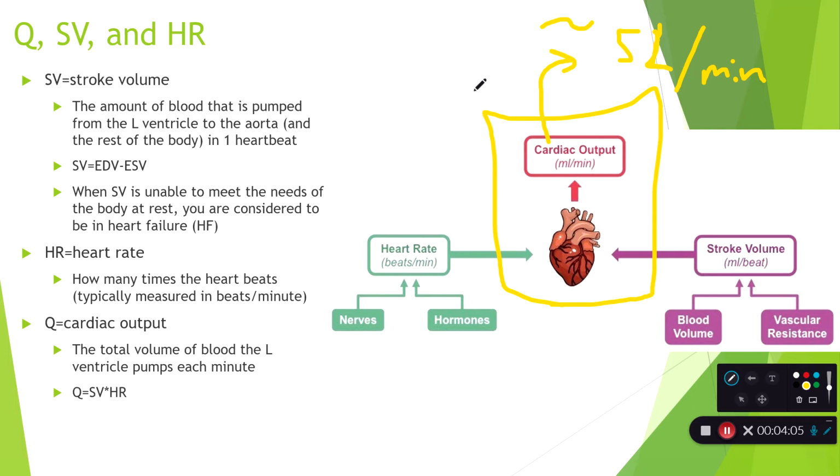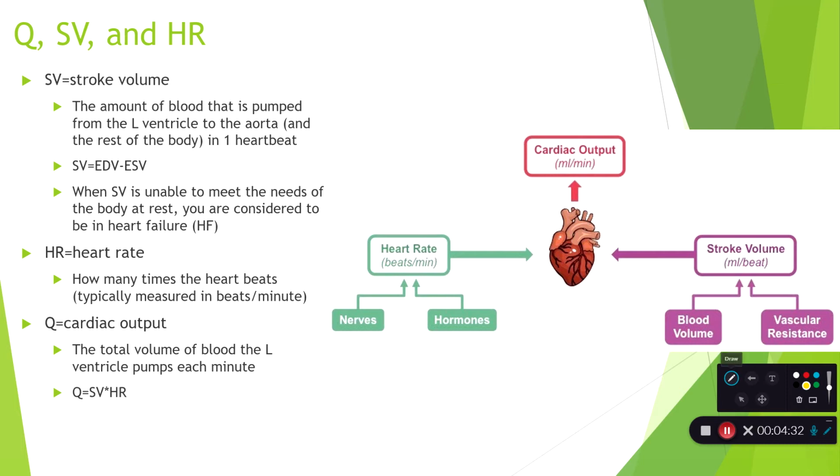That's almost your entire supply of blood. So virtually every minute your entire blood volume cycles through your body once. This doesn't change if you are well trained or if you're a couch potato. It's still going to be about 5 liters per minute. Now keep that in mind because we're going to revisit this in a few slides.